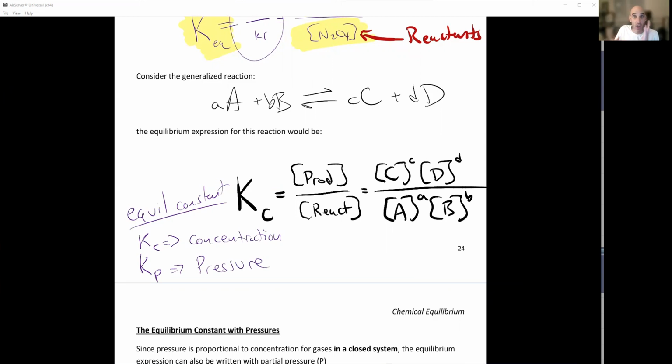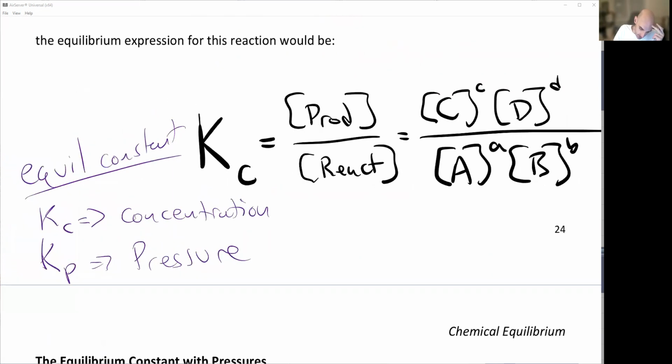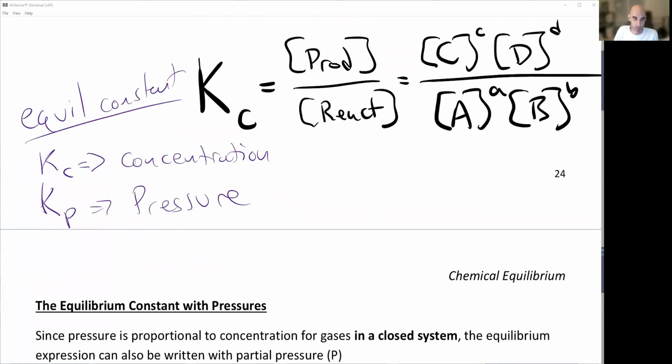And now it's important to talk about all of the other ones that we have. So we have Kp, we have Kc. Those are two different ones. Everything else is pretty much in concentration at this point. So Ka is the dissociation of an acid. Kb is the dissociation of a base. Ksp, solubility product, has to do with the dissolving of a product.